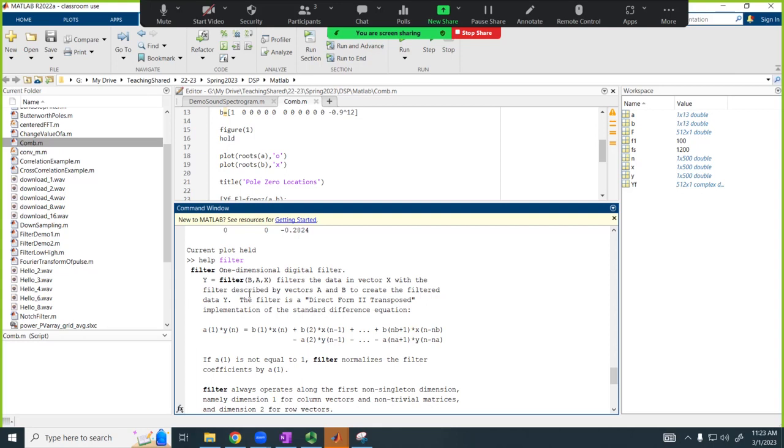So I have a transfer function that is A over B. So this is multiplying across and calculating dy. B and A are the vectors that define the filter, and we pass an input, and then it will calculate the output for us.